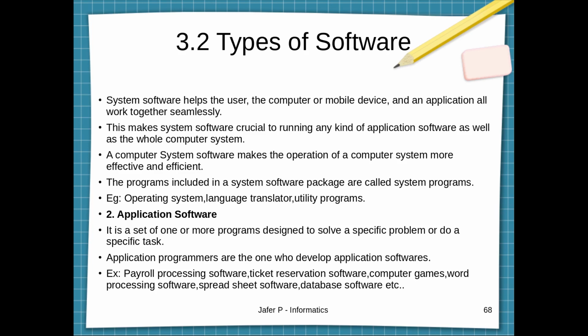And there is ticket reservation software. Many of the tour operators or flight operators have this kind of software installed. It may be online or offline. Nowadays everything is online, so you may have an online ticket reservation website. Suppose you want to go to the Gulf, then you have to search on the internet what is the rate of going to, for example, USA, or suppose you want to go to UAE, what is the flight rate?